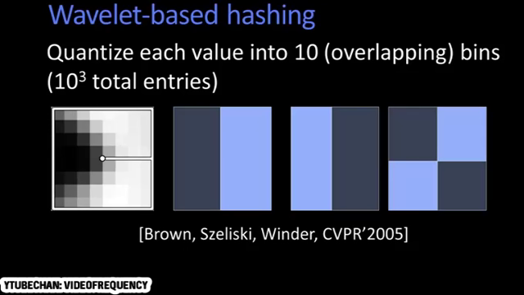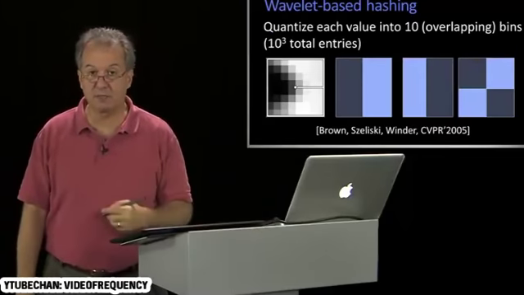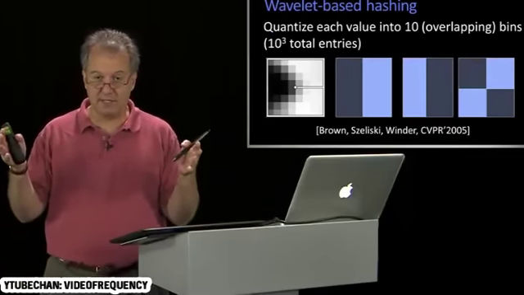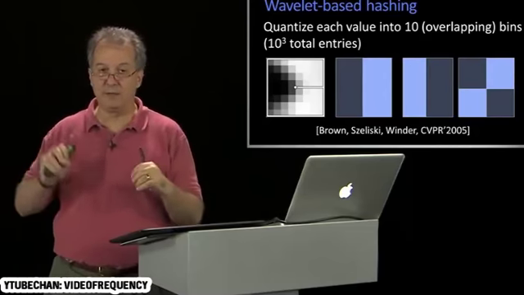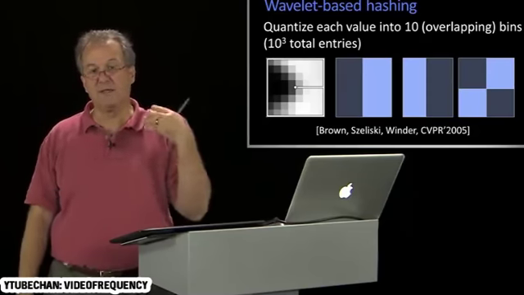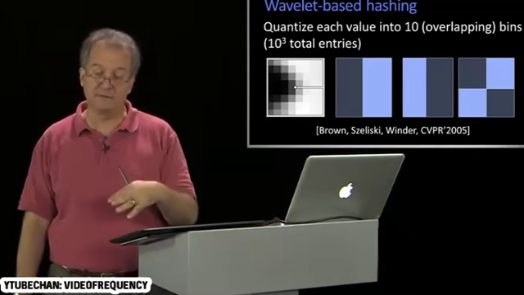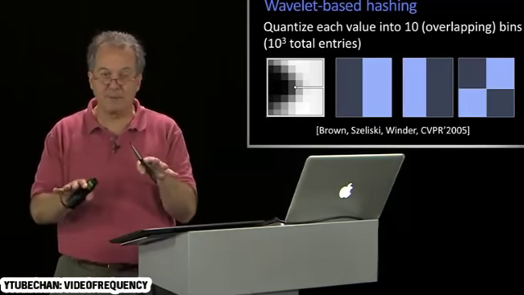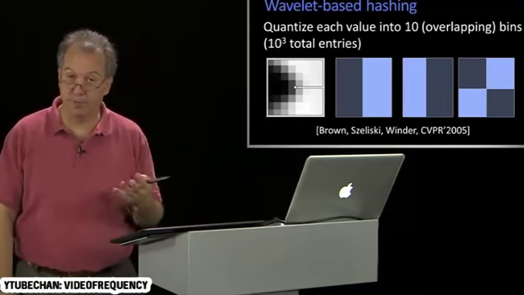And because the bins overlap, you don't have to worry about, well, maybe I got out a 4 versus a 4.1 for some value, because the bins don't have a sharp border, they have an overlapping border. So you compute these 3 numbers quantized to 10. That gives you 10 to the 3 possible bins to pick from, and you go and you get that. So that reduces the set of neighbors, or the set of key points you have to look at, by a factor of something less than 1,000 because of overlapping bins, but between 2 and 3 orders of magnitude. Pretty cool.